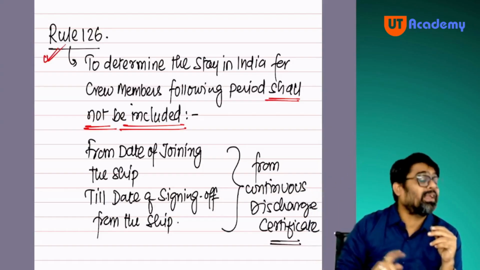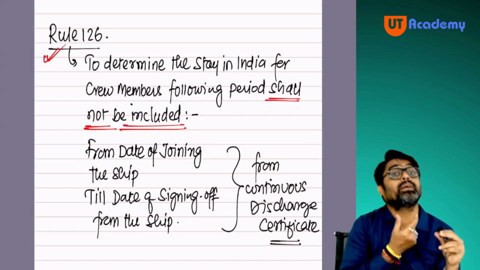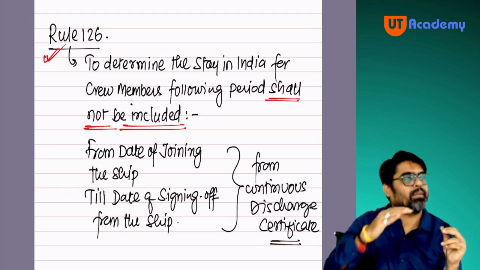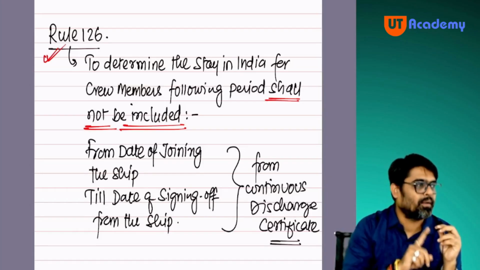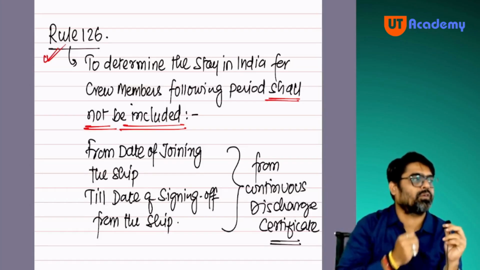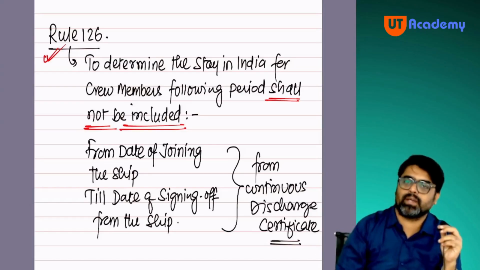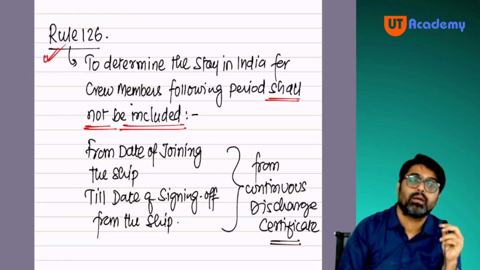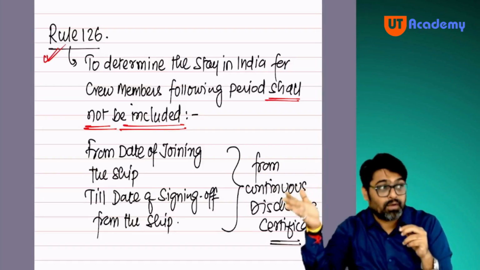Getting my point? See, earlier there used to be a lot of problems in determining the stay in India for these types of crew members. Because till the time your ship is there at the port, you are in the territorial waters of India. Meaning that you have joined the ship, but your ship is not leaving the territorial waters of India. When will you be considered outside India? When the ship moves out of territorial waters.